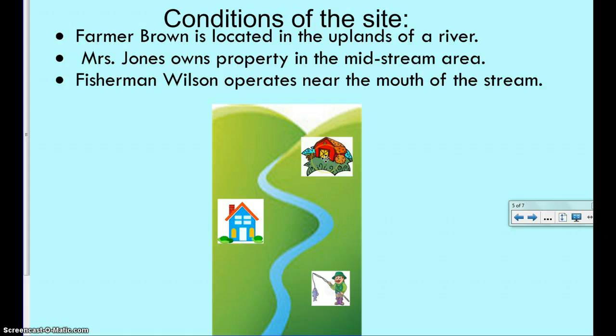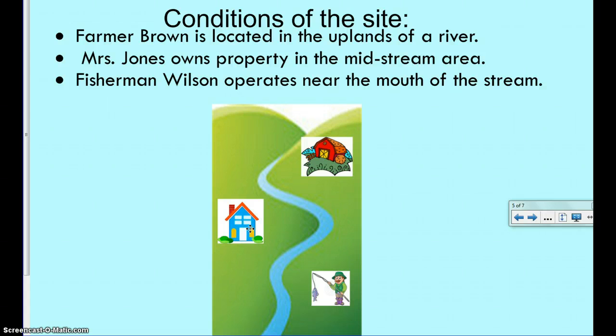Why would Farmer Brown like to settle near a river? Think about that. What advantage is it for him to be close to this water source? If you're thinking about irrigating his crops, you're correct. Farmer Brown's farm is located on the upland of the river for irrigation. Mrs. Jones, we're not too sure why she would operate in the midstream area.